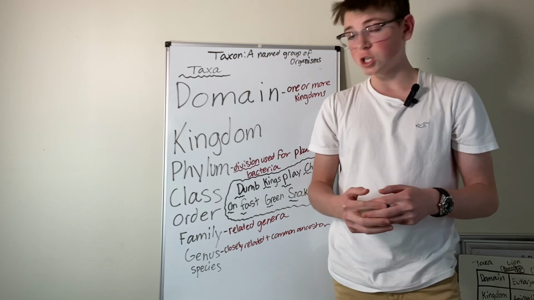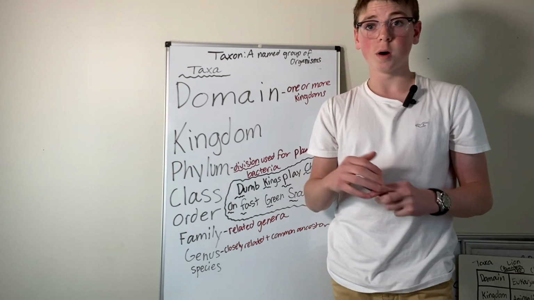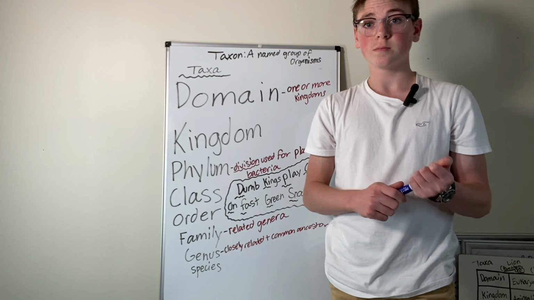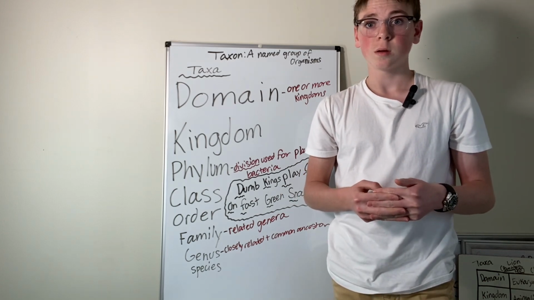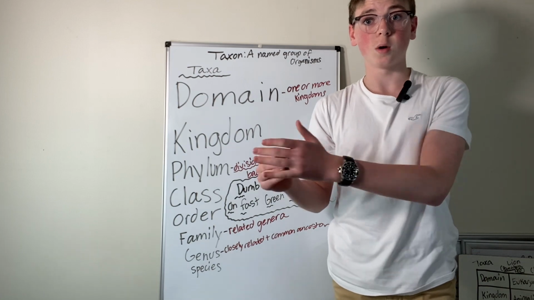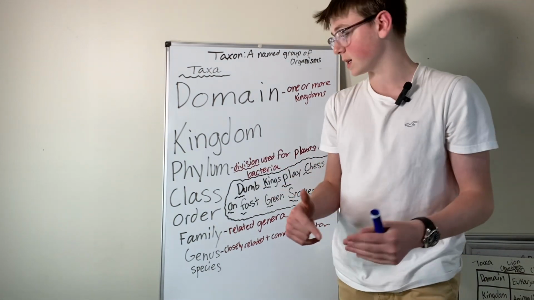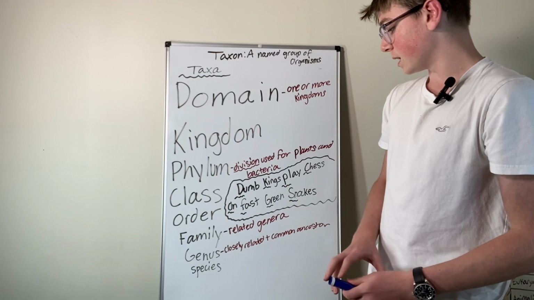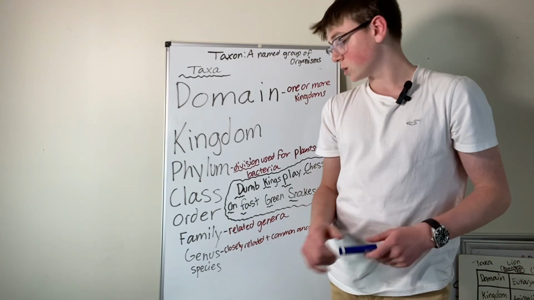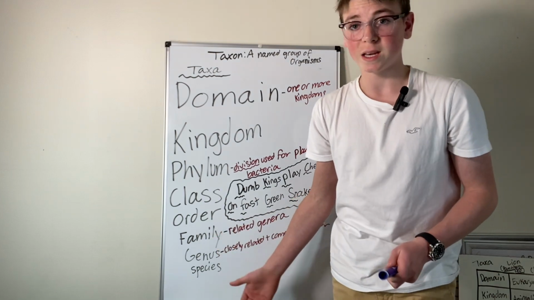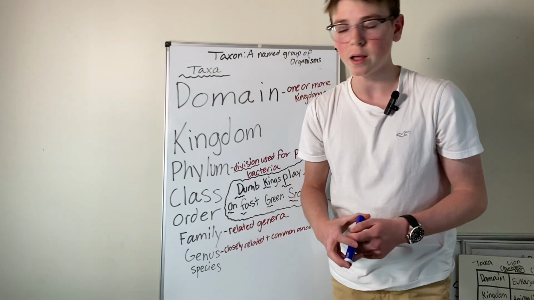The genus of Homo sapiens would also include probably Neanderthals, because they were also hominoid, and we have common ancestors. Then family is related genera, which is the plural of genus.